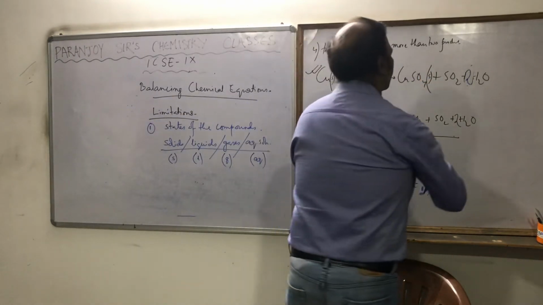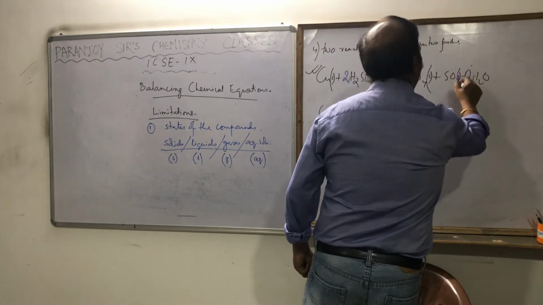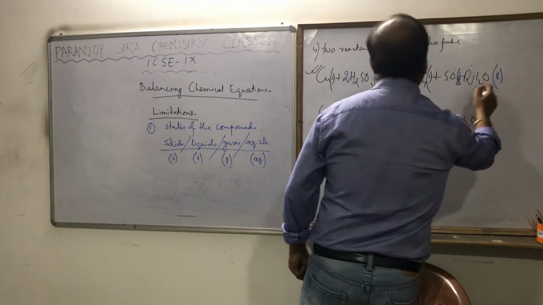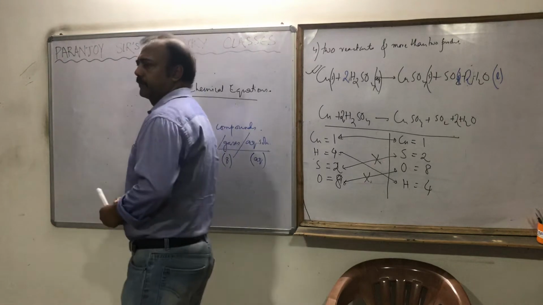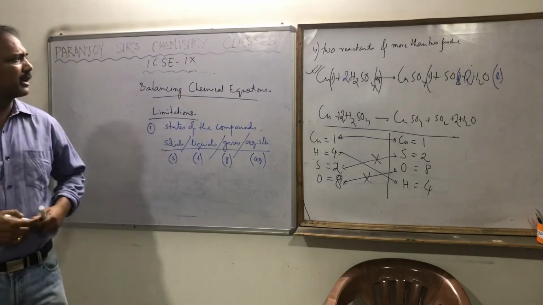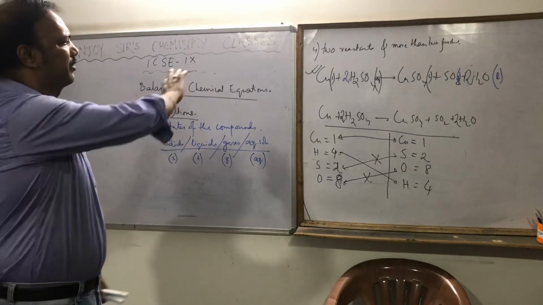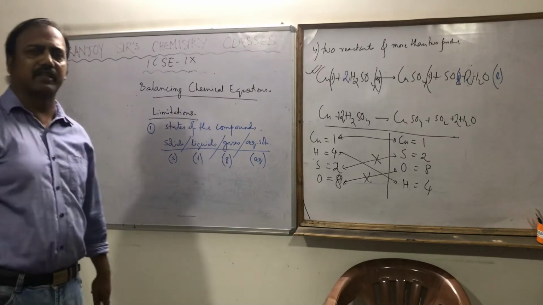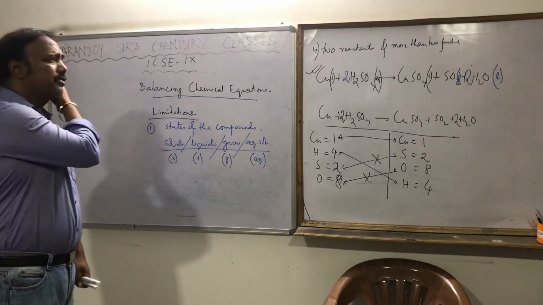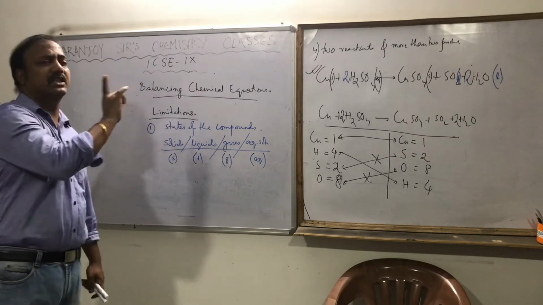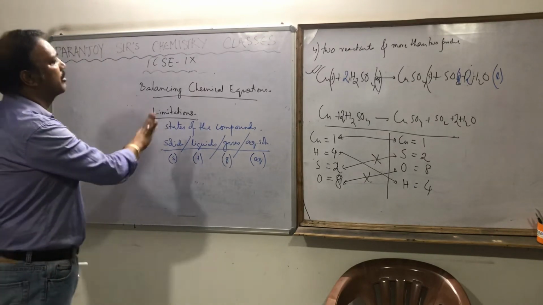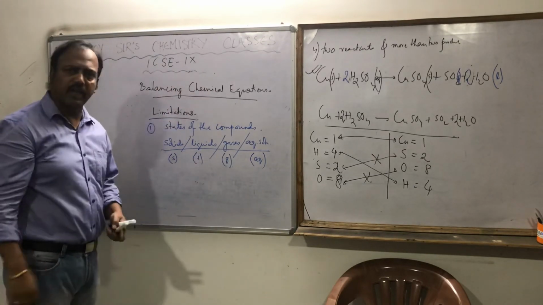Sulfur dioxide is gas, and water, as you know, is liquid. Clear? We have covered all the different states in this particular reaction. So you understood how to represent the states. That is one thing which is not mentioned in the normal chemical reactions.